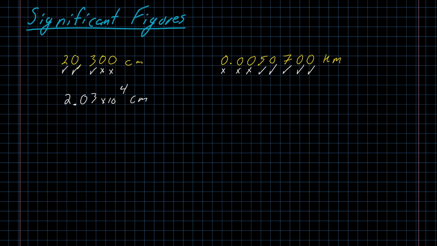So if I wanted to include more significant digits, I can put them in after the decimal point, and they follow that rule. And in this case, we have 5 significant digits.